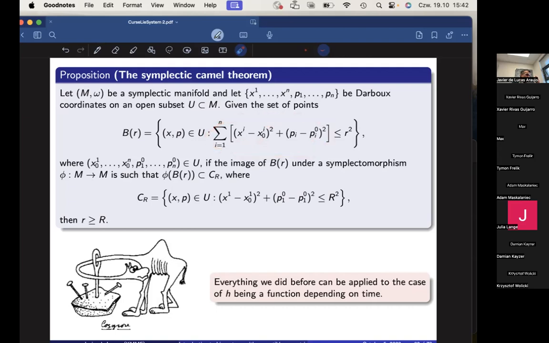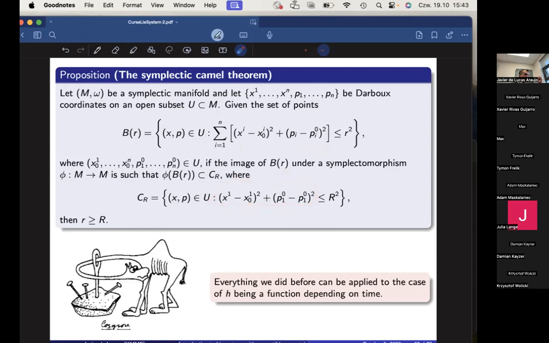So if you have this ball of radius r, and you make the evolution of this ball, it turns out that for every first coordinate, this is a cylinder where the first coordinates are x0, p0, and the remaining ones are whatever. The remaining coordinates are free apart from the previous ones, and the condition is less than or equal to r squared.